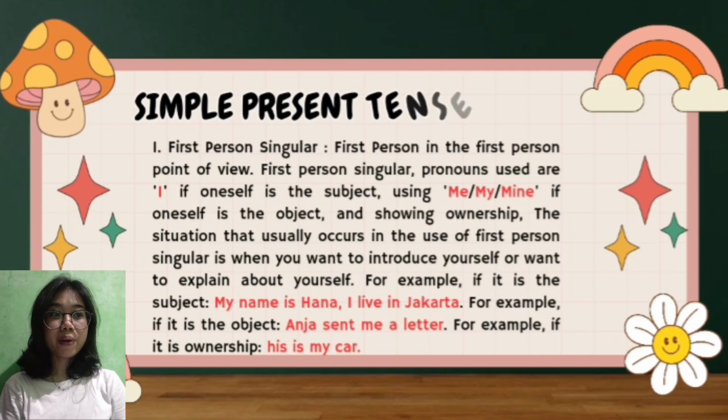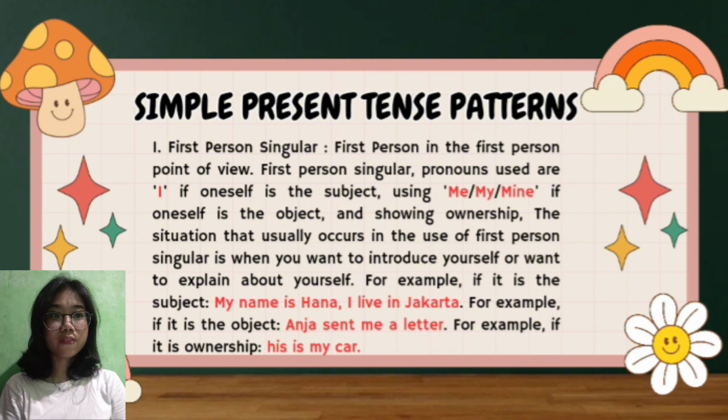Simple present tense patterns. 1. First person singular. This is the first person point of view. The first person singular pronouns used are I if oneself is the subject, me if oneself is the object, and my or mine to show ownership. This situation usually occurs when you want to introduce yourself or explain about yourself.